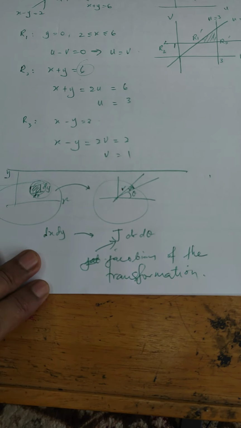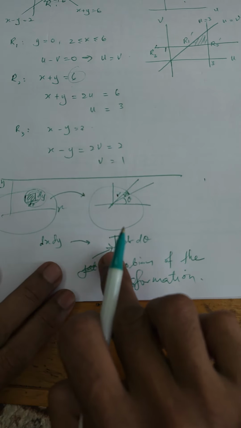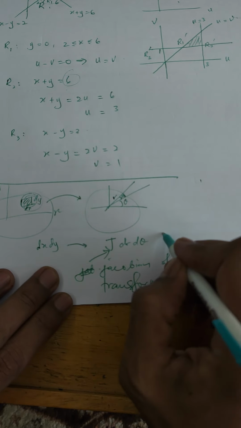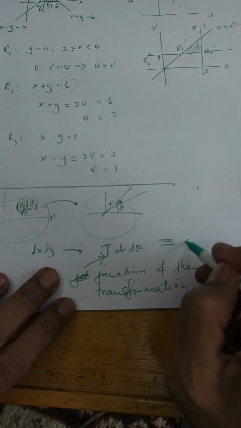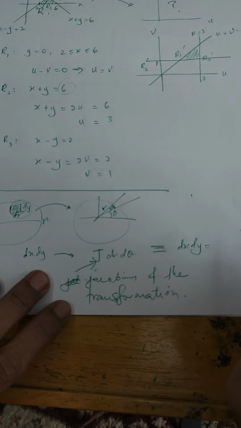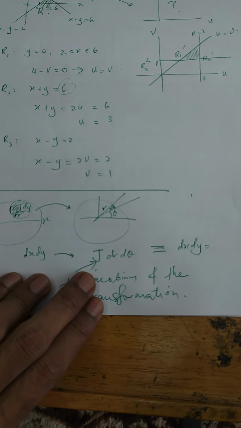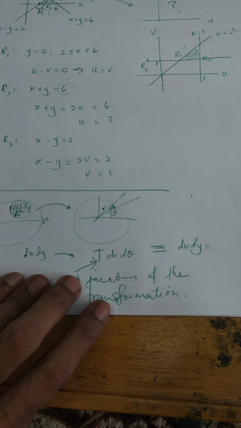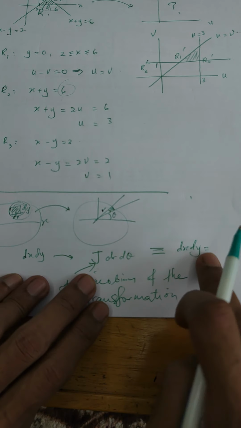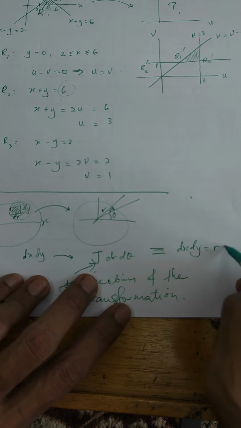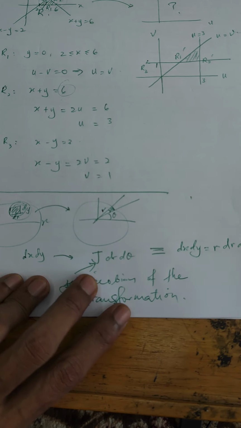Having J there, we have dx dy equal to, in this case, as I explained in my previous lecture, J equal to r dr d theta.